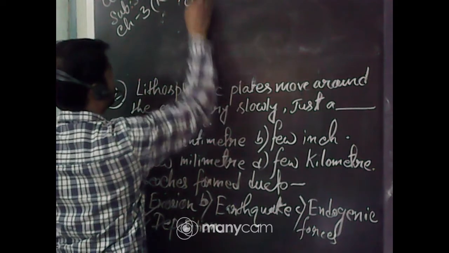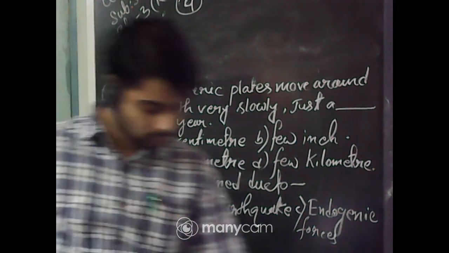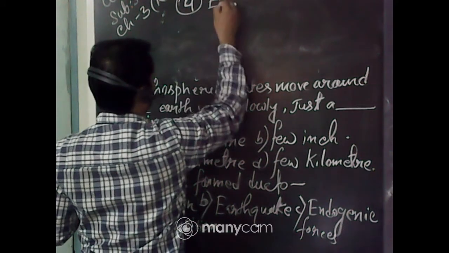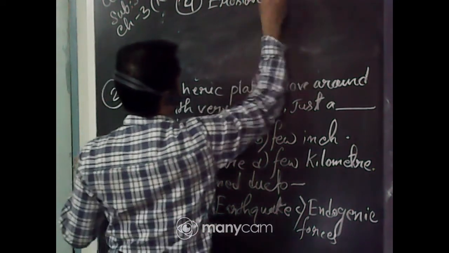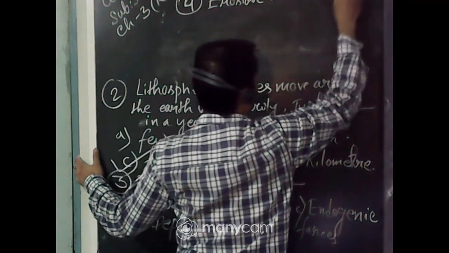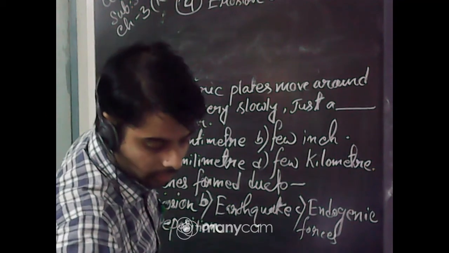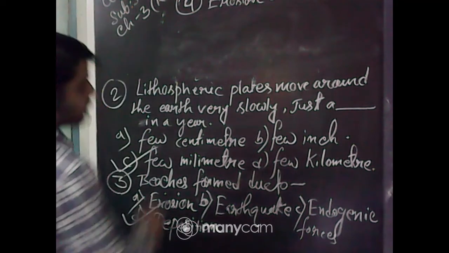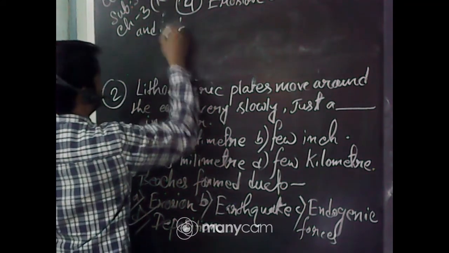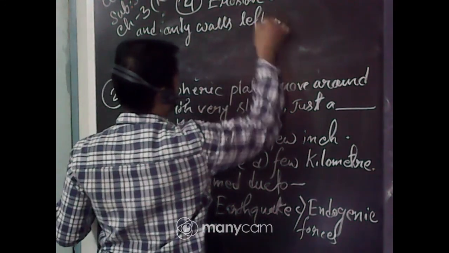Now question number 4. That erosion breaks the roof and only walls left.